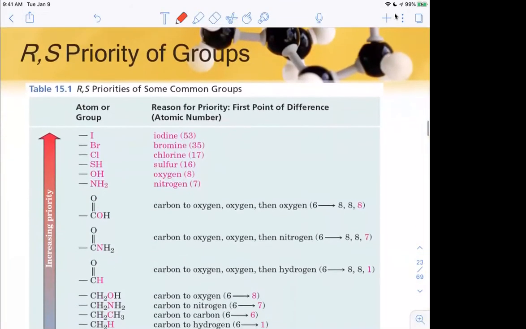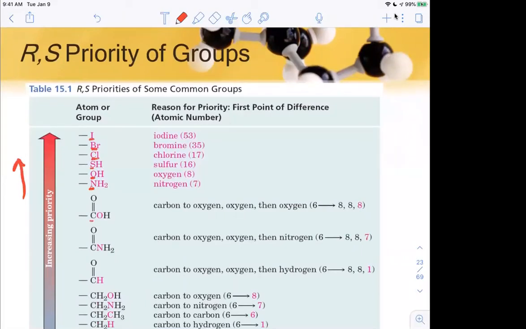That means if I have an atom attached to the chiral center, nitrogen versus oxygen versus sulfur versus chlorine versus bromine versus iodine, I'm increasing in priority. Iodine on this chart has the highest priority because it has the highest atomic number.